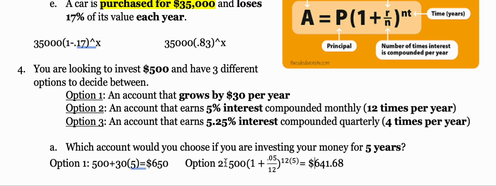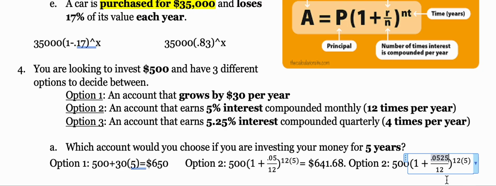And we're going to do option 3. Option 3 is going to be similar in the way I write it, so I'm just going to copy and paste this and change my numbers in. The 500 is going to stay the same. The 0.05 is going to be 0.0525, and instead of 12, this is going to be 4, and again, instead of 12, this is going to be 4, and the 5 is the same because it's 5 years.